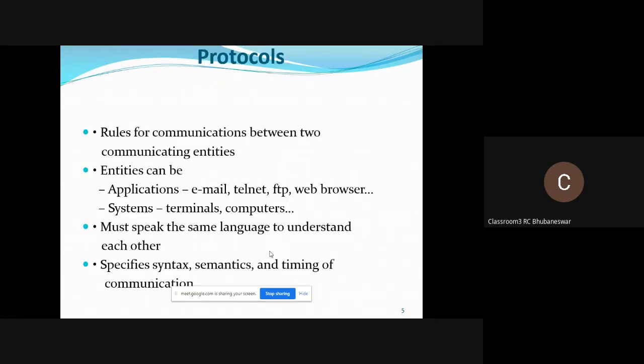How do you define a protocol? Rules for communication between two communicating entities. If two devices are trying to communicate, then we are following some protocols. In real life also, when I communicate, I have to maintain some protocols. I cannot enter my head of the department's room without her consent. First, I have to knock at the door.